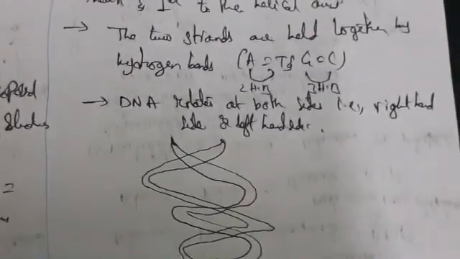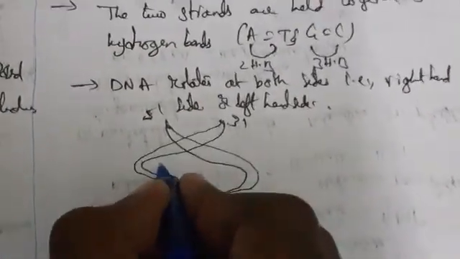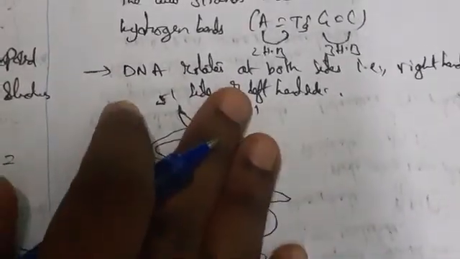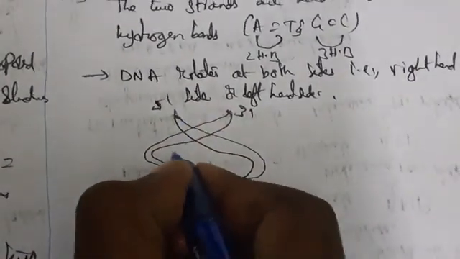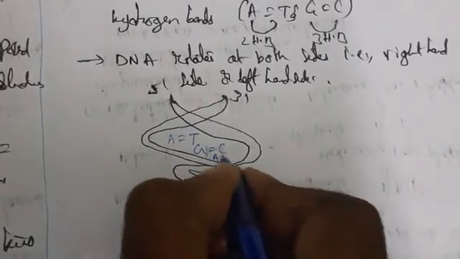Here you have the 5' phosphate linkage and the 3', and coming here, this is the 5' and this is the 3'. These two strands are anti-parallel, so the phosphate linkage is at opposite ends. Inside we have A is equal to T, G is equal to C, A is equal to T.